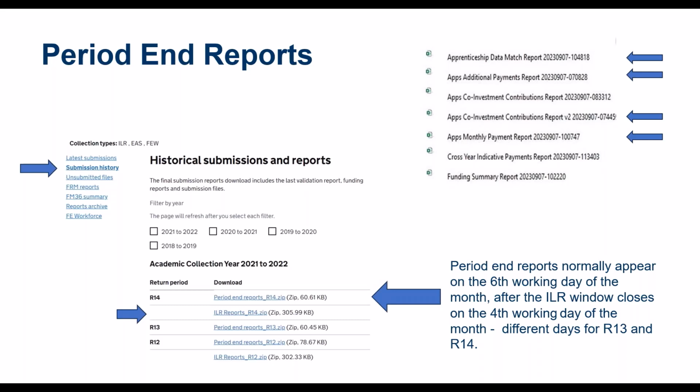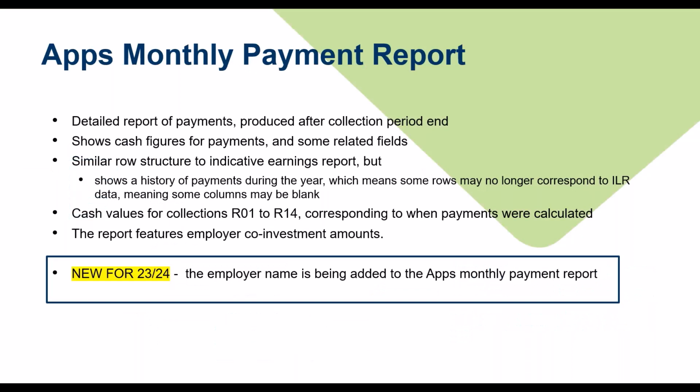So in the top right hand corner there, the apps monthly payment report, the co-investment contributions report, and the apprenticeship data match report will appear in the period end reports folder, which takes a few days, around the 6th working day of the month. Okay, if we can move on, please.